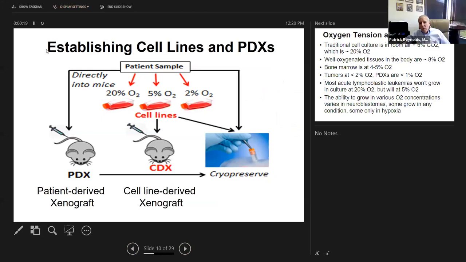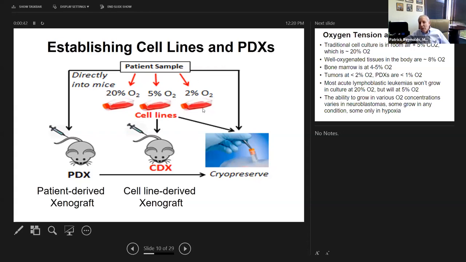So in establishing these lines, we put them into 3 different culture conditions. These were chosen to replicate what people standardly do. We're going to go into this in detail in a minute: 20% oxygen, and 5% oxygen, which is really bone marrow. If we're talking about leukemia, lymphoma, or metastatic neuroblastomas, often they come from bone marrow. That's why we chose this.